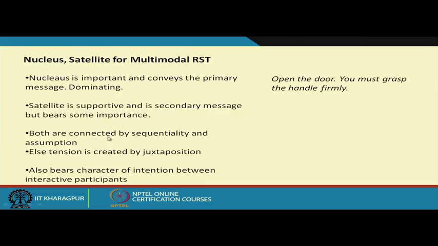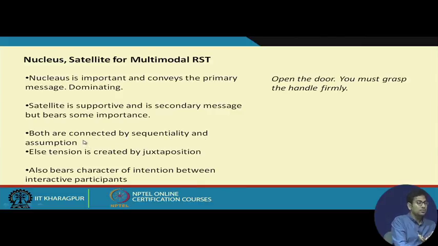So, rhetoric structure theory works on this principle of looking into the nucleus and the satellite, which is a very strong point for communication, and you should always design your nucleus and satellite accordingly. Both are connected by sequentiality and assumption.